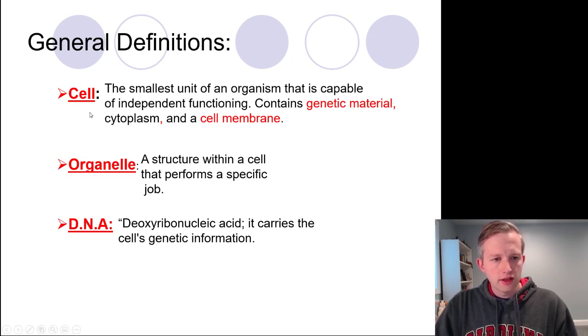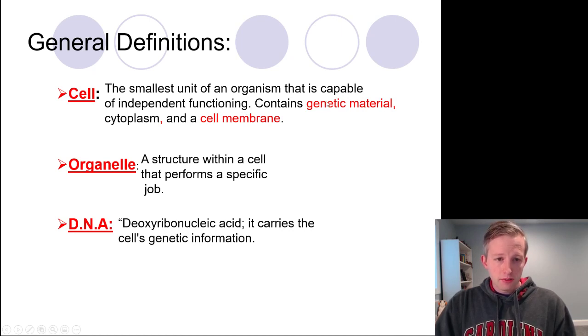As we start this, and this will be the first few blanks to put into your notes, the cell is the smallest unit of an organism that's capable of independent functioning. So it's the smallest thing that you can look at that can exist on its own with relatively little interaction from other things.